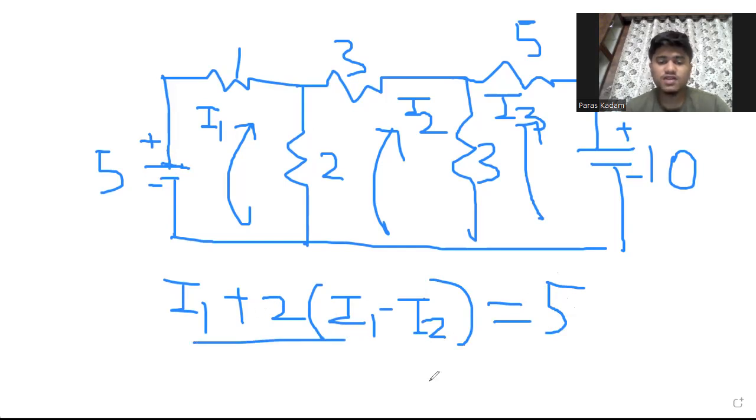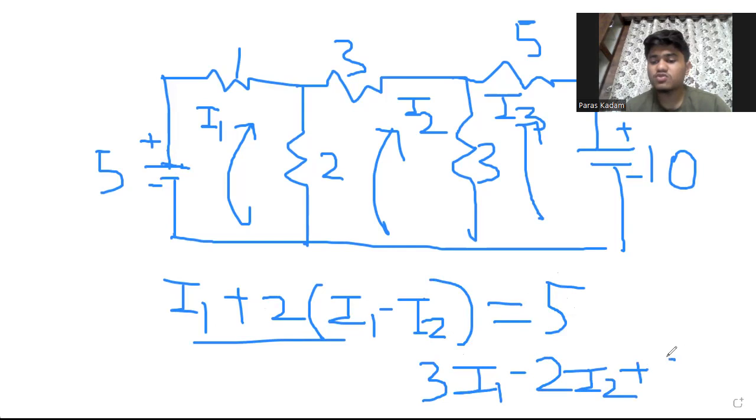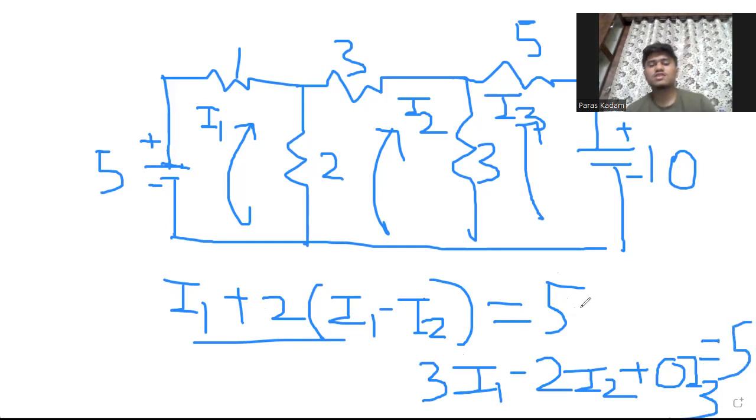Now I will add this, and I will write 3 I1 minus 2 I2 plus 0 I3. I am adding 0 I3 also, because here I am assuming 3 unknowns, equal to 5. So I got my first equation.